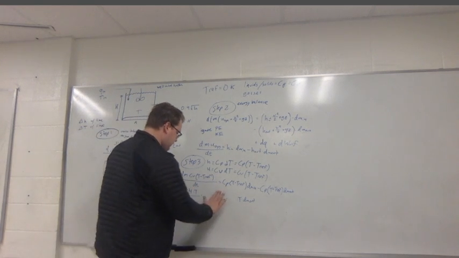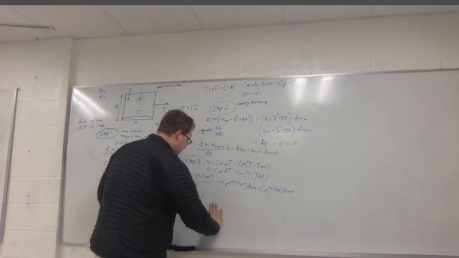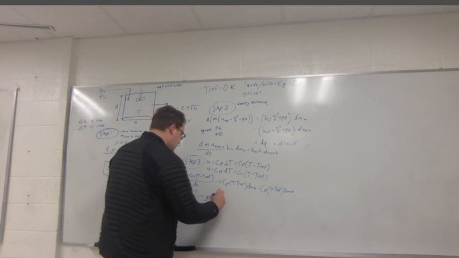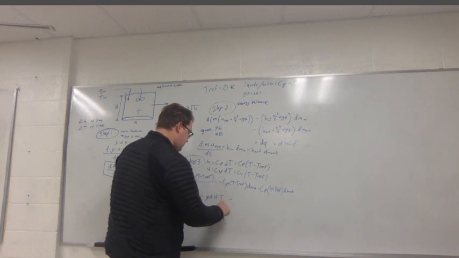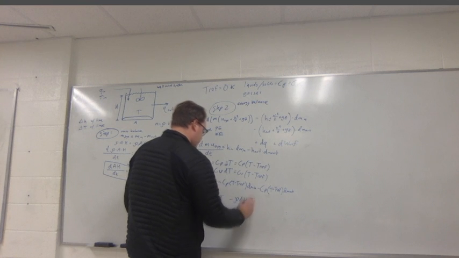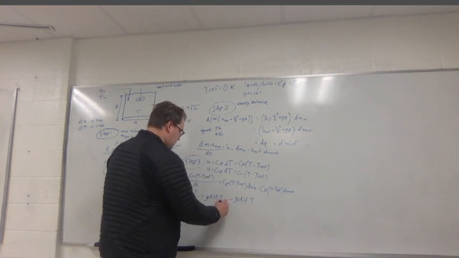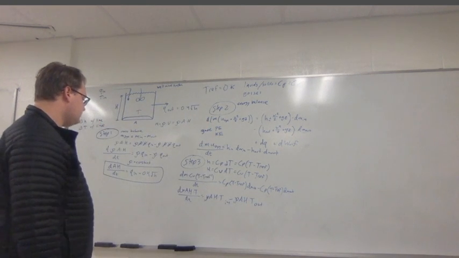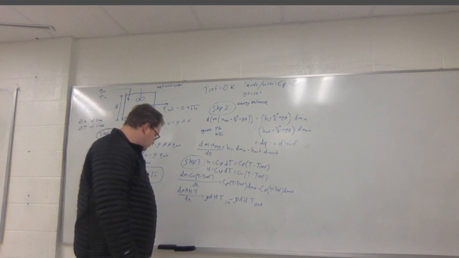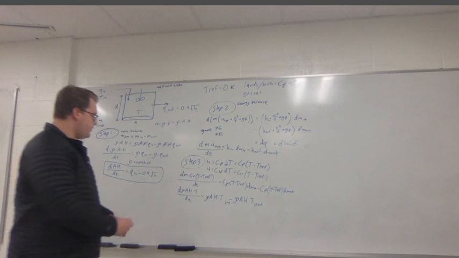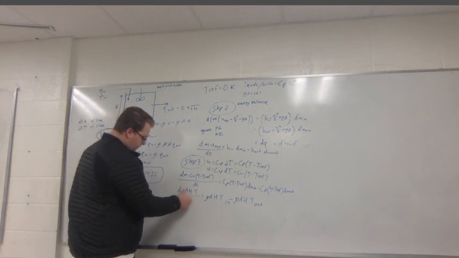And here, I can say this is going to be density times area times height times temperature minus density times area times height times temperature. This is in, this is out. I also know that because it's a well-mixed system, densities cancel. So I'll remove that.